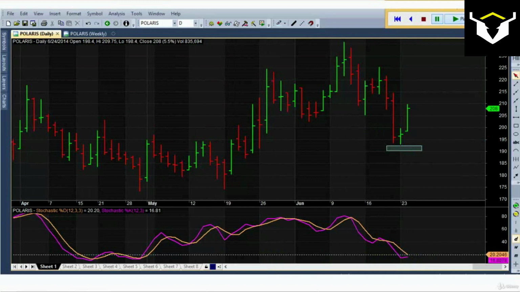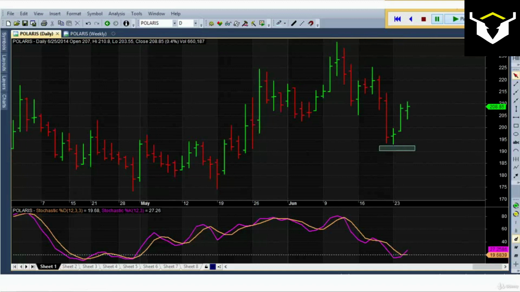You can see prices found support just above the price and time band that we had set. And prices changed direction. But stochastic has not reached oversold or given a reversal signal, so we cannot take a buy trade. Let's go ahead.